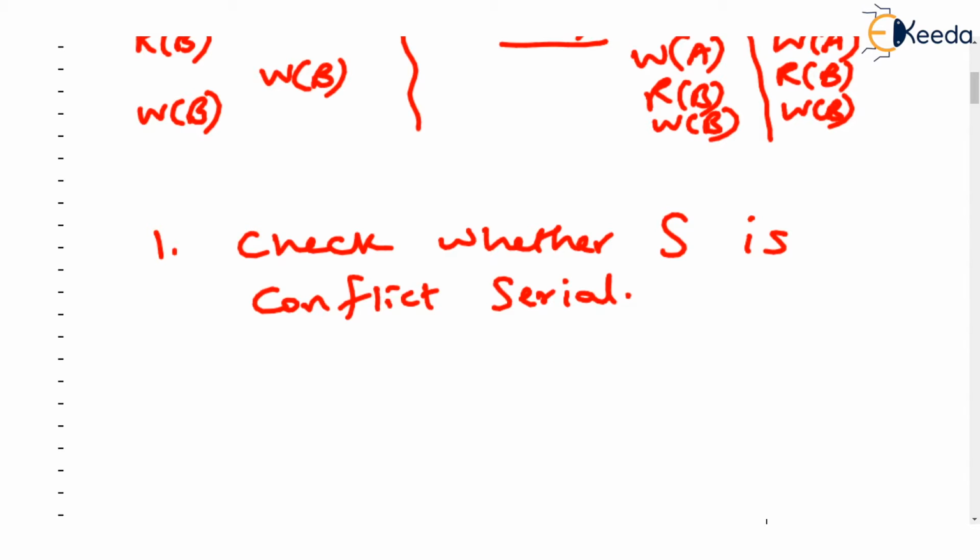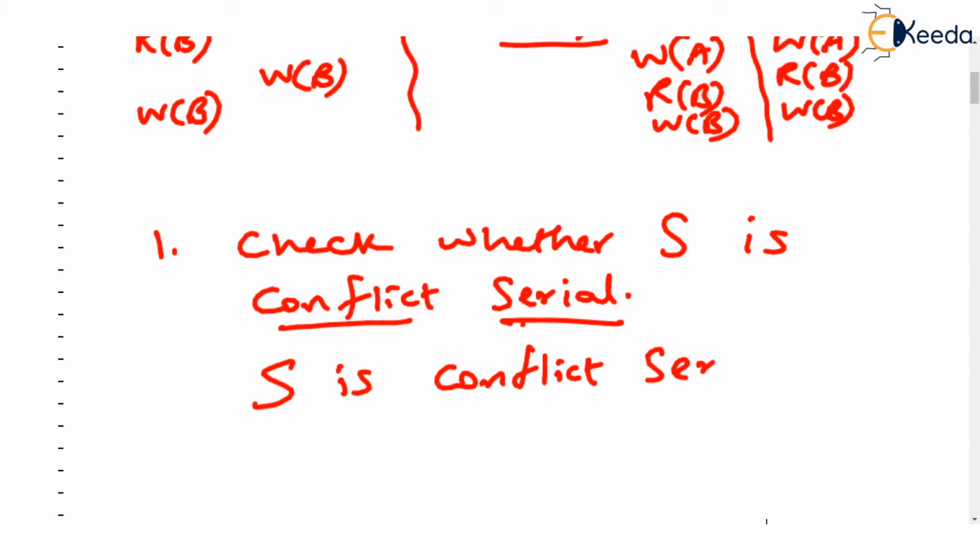Now you know very well how to check whether the given concurrent schedule is conflict serializable, and you also know how easy it is by constructing a precedence graph, isn't it? Let's say that S is conflict serializable. Then surely, if S is conflict serializable, then S is view serializable.